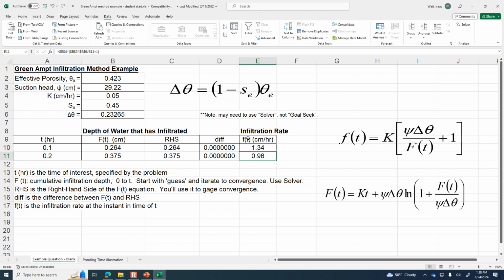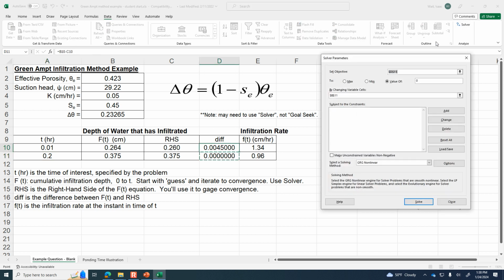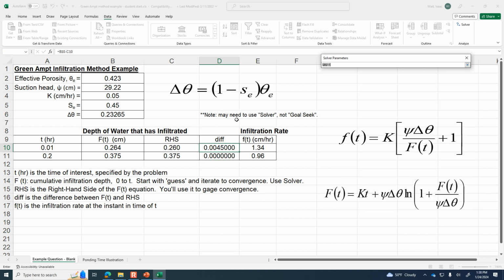We could find out what it was at the very beginning of the storm. So instead of at 0.1 hours, what about 0.01 hours? That's even before 1 minute has occurred. So if we run the solver again at 0.01 hours, where we want the difference to be 0 by changing that.